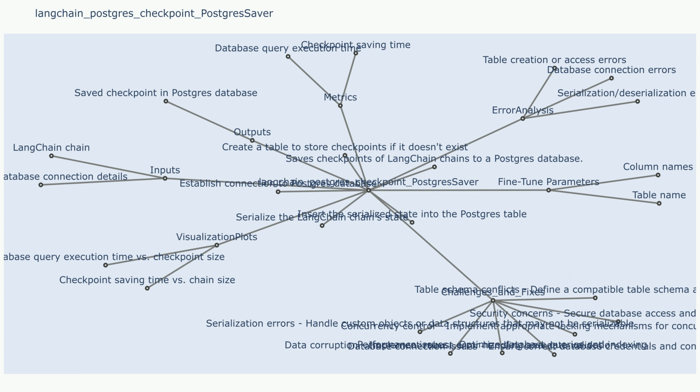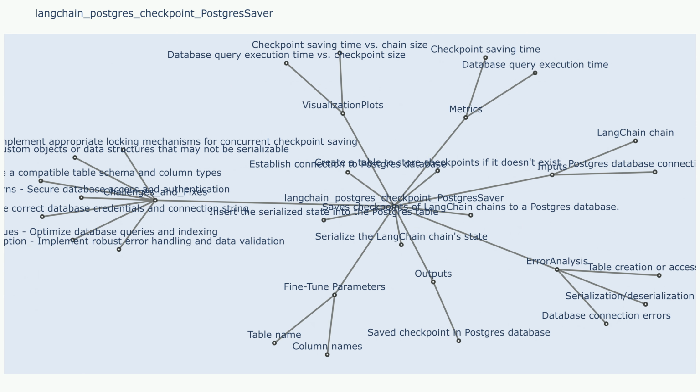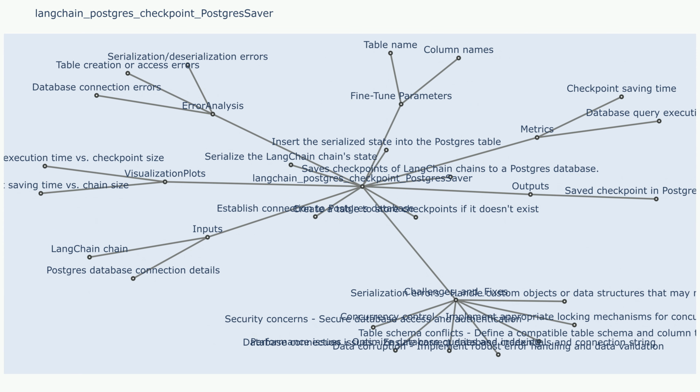Run ID: an identifier to uniquely identify each run of your LangChain application. This is helpful for distinguishing different runs within the same database table and for tracking their progress individually. Chain: the LangChain chain whose state you wish to save or load.